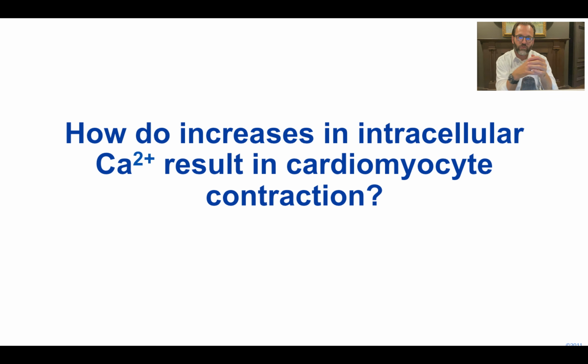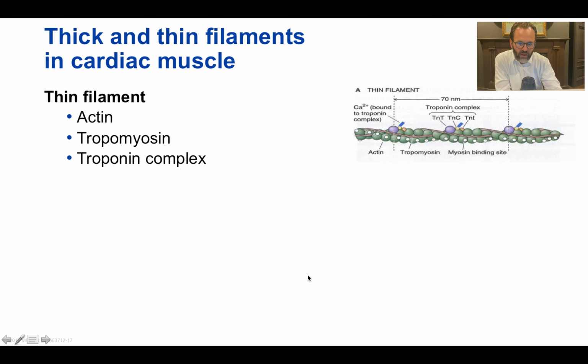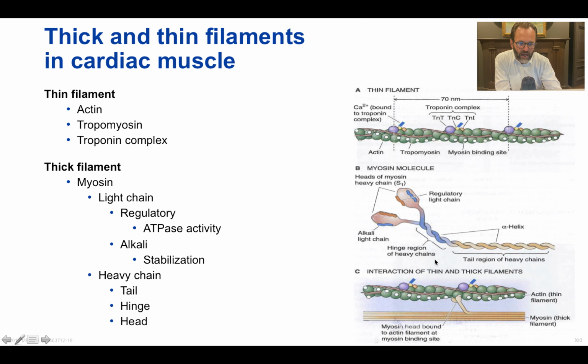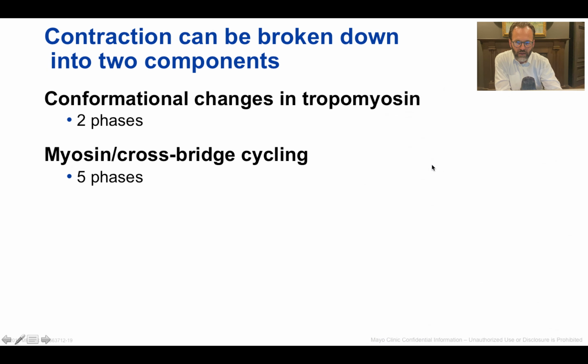The heavy chain has a tail, a hinge, and a head. Much like in the previous slide, the thick and thin filaments are all arranged here, so these heads go up towards the thin filaments and interact with this complex ultrastructure to enable cardiomyocyte shortening and contraction.